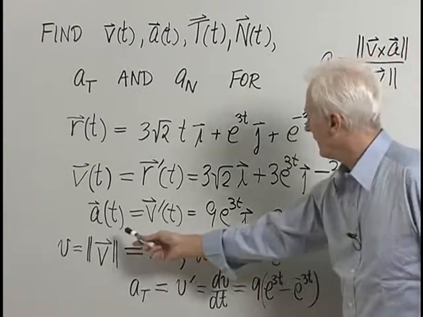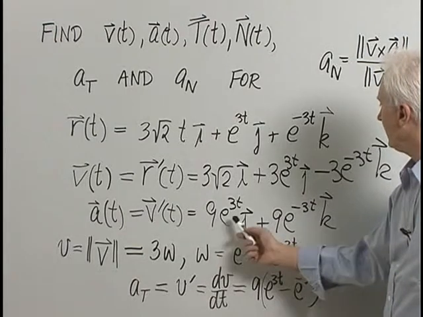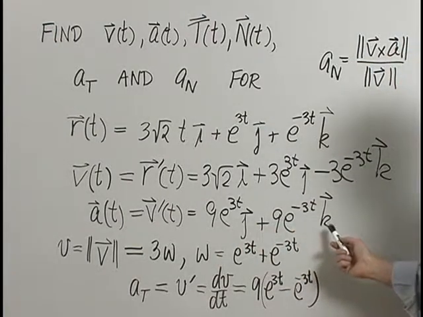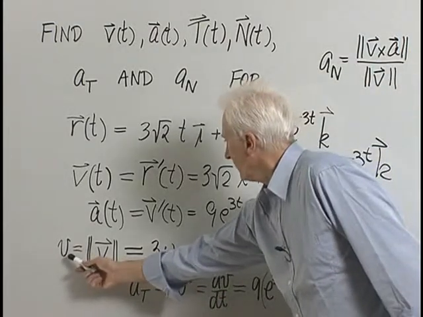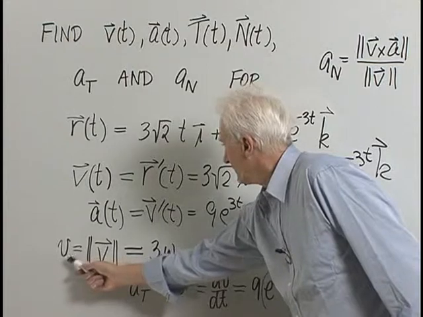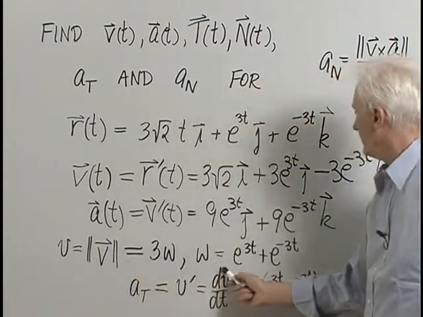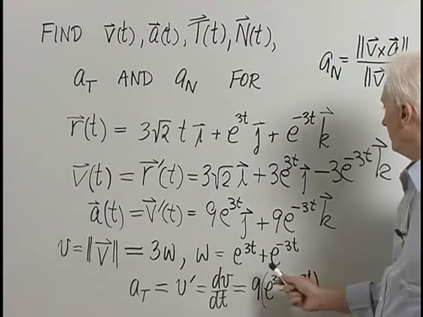We found our acceleration by differentiating the velocity, and so that's just 9e^(3t) j plus 9e^(-3t) k. And we found our speed, which I've denoted script v, that's the length of vector v, is 3w, where w is the expression e^(3t) plus e^(-3t).